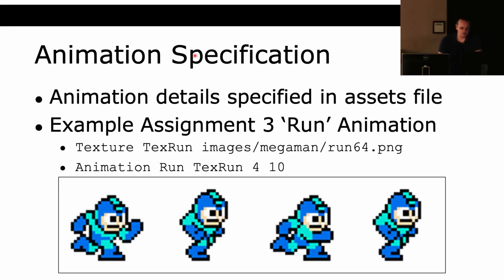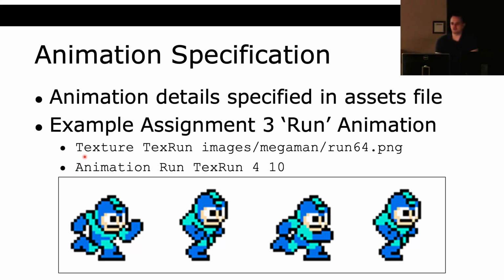So the animation specifications are going to be stored in an assets file. And as an example, this is the actual full 4 frames of animation of Mega Man's running animation. So an animation is going to require 2 separate things in our assets configuration file.